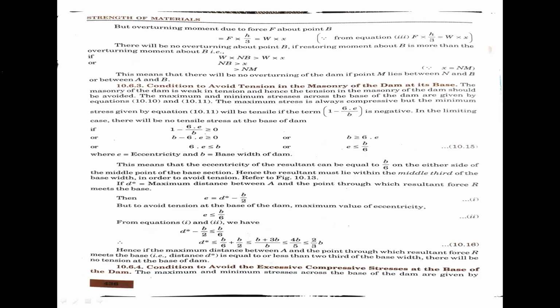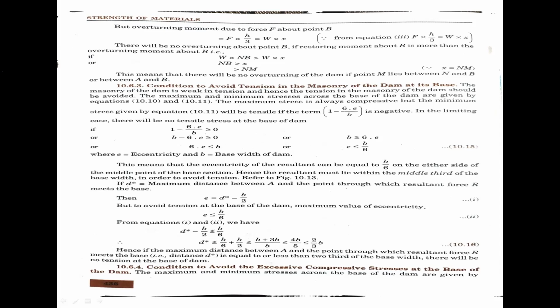Now the third condition: the condition to avoid tension in the masonry of the dam at its base. The masonry of the dam is weak in tension, and hence tension in the masonry should be avoided.